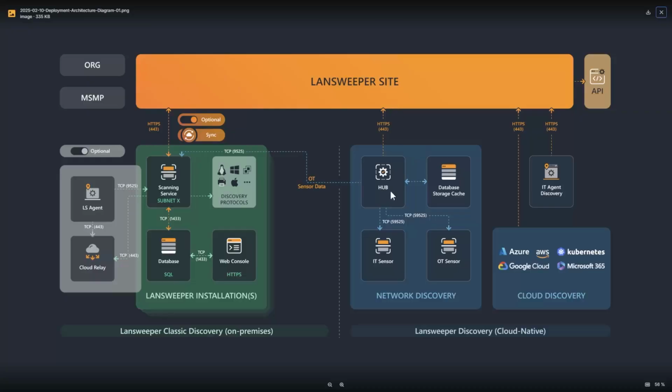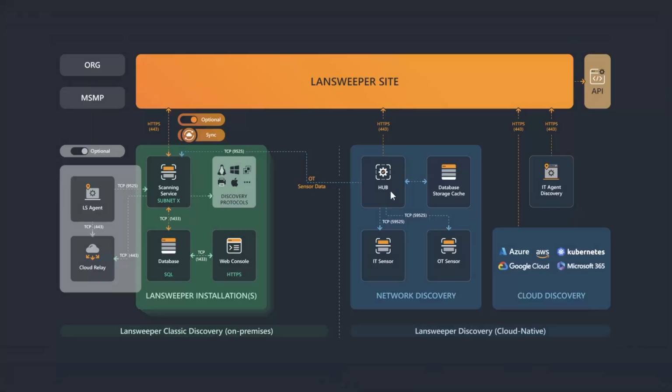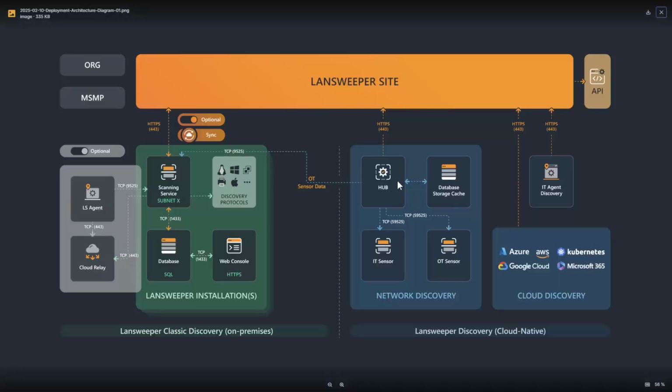The hub is also going to be holding, and we might discuss this a little more later, the credentials and the configuration items, things that are very specific and proprietary to your network. So the hub is a very important component. You can see in this diagram also that the IT agent is off to the side.